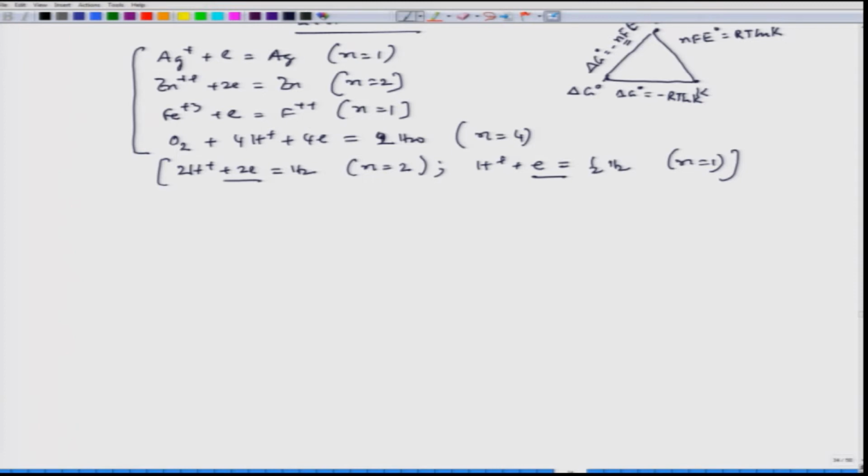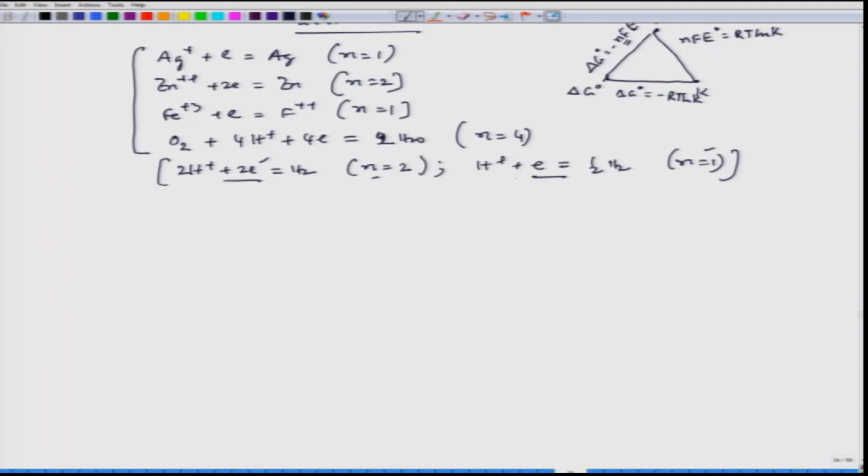From the reaction, since here 2 electrons are involved, n becomes 2, and here 1 electron is involved, that is why n equal to 1. But in both cases, if the concentration of hydrogen ion remains fixed and the hydrogen gas pressure is maintained at 1 atmosphere, then both reactions lead to the same potential of that particular electrode.